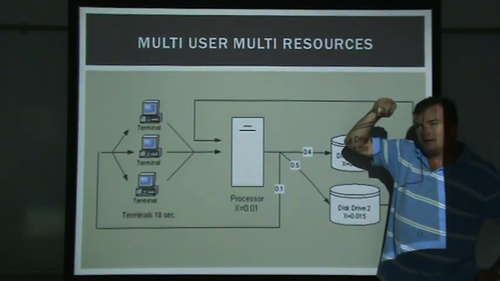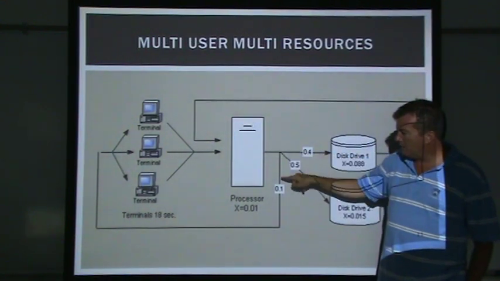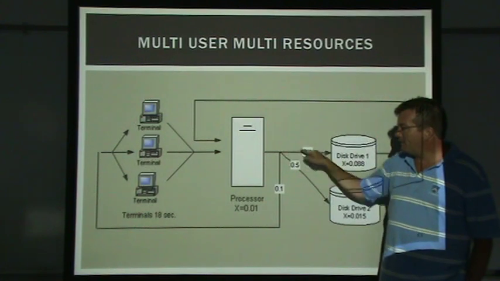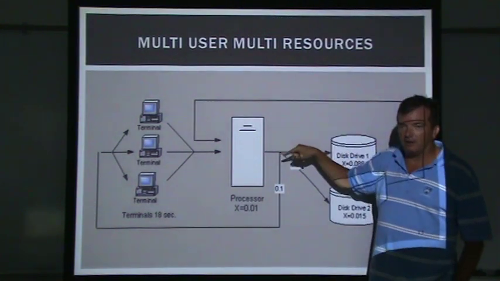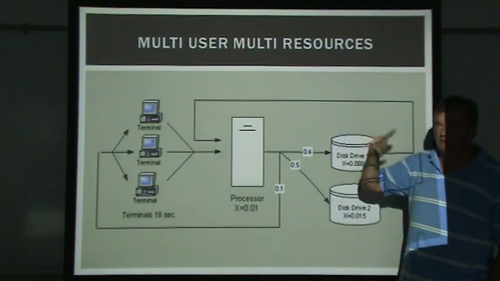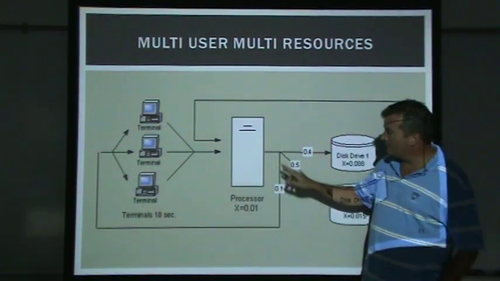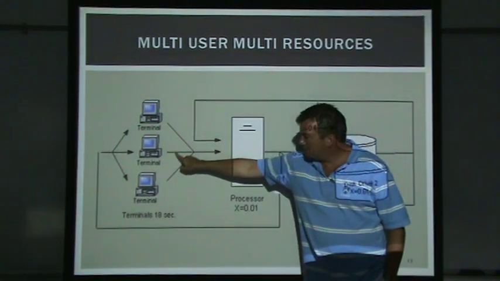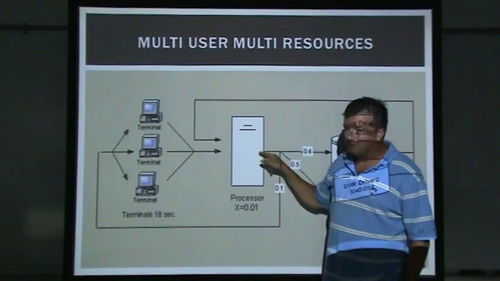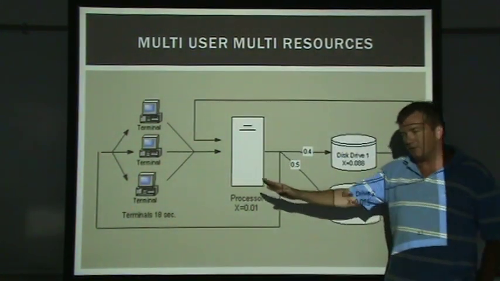So it'd be like that: E equals 1 plus 0.9 E. 90% of the time you start over again. So E equals 1 plus 0.9 E would come out to be equals 10. The expected number of visits to the CPU. Every time something comes out of here, it's expected to generate 10 visits to the CPU, because 90% of the time it starts over again, 10% of the time it finishes.